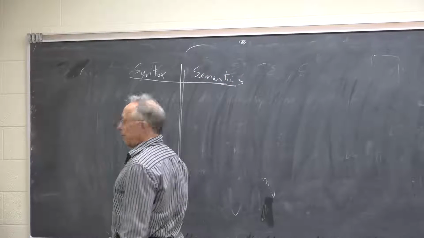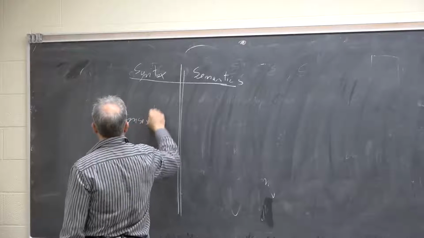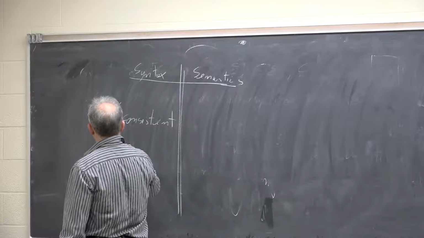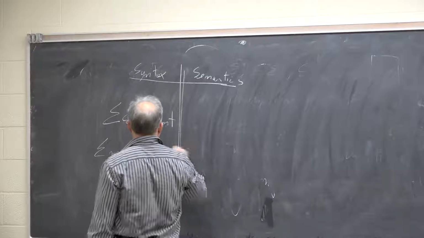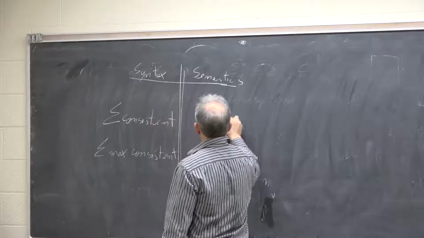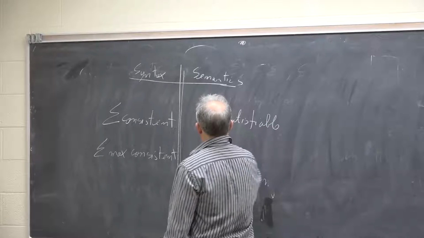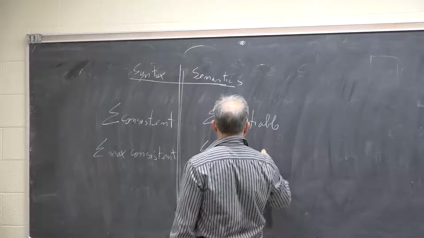And here we have the notion of sigma being consistent and sigma being maximally consistent. And here we have the notion of sigma being satisfiable and sigma being maximally satisfiable.